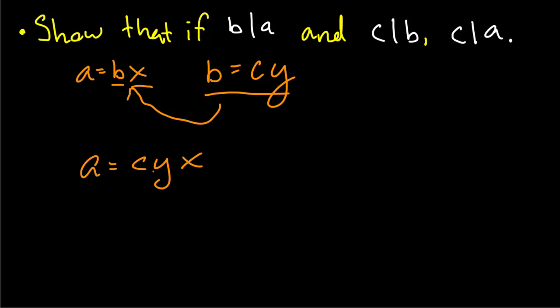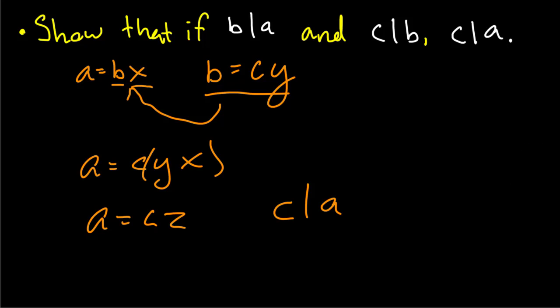So instead of having a equals c y x, let's just multiply y and x and say that their product is some integer, I don't know, z. And we'll say that a is equal to c z. Now, wait a second. If a is equal to c times some integer z, then that means c divides a. Look at that. We used our definition of divides to prove something.